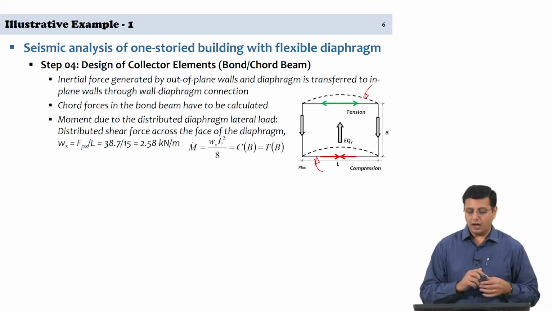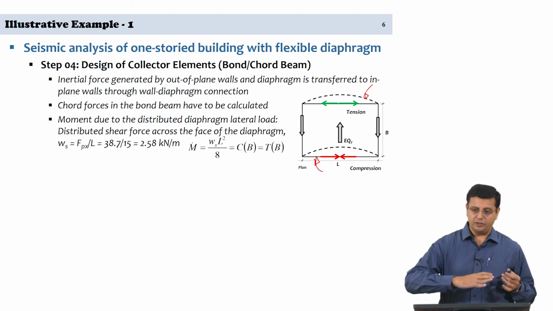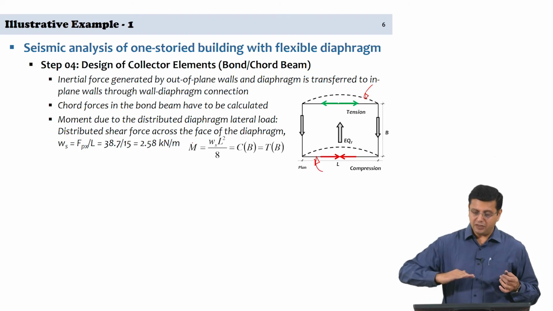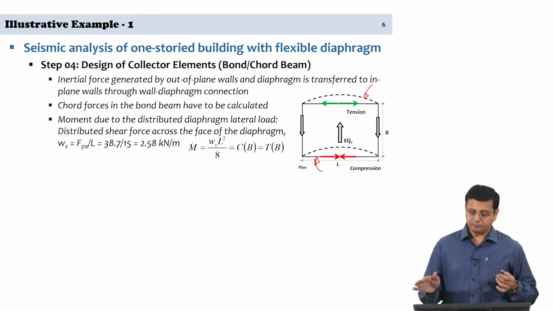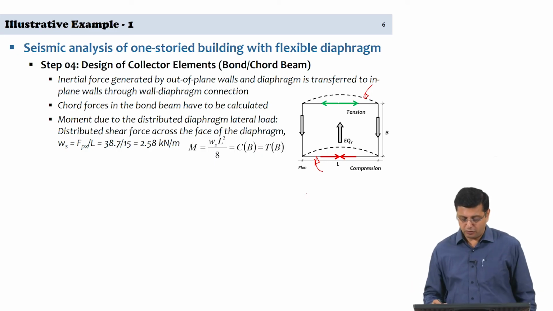Now let us look at this diaphragm which is bending. A uniformly distributed load is acting in the plane of the diaphragm and the diaphragm is bending. You will have a bending moment and a shear force for the diaphragm. We can estimate the bending moment and the shear force, and that is what the chord beam is going to be subjected to.